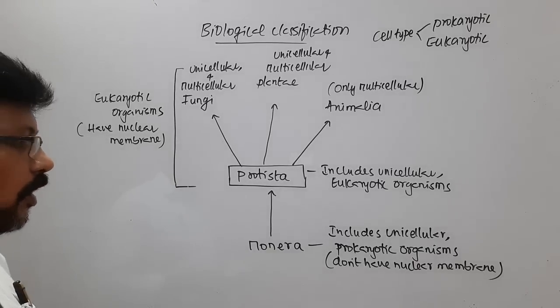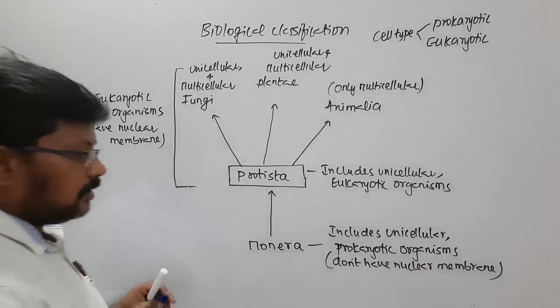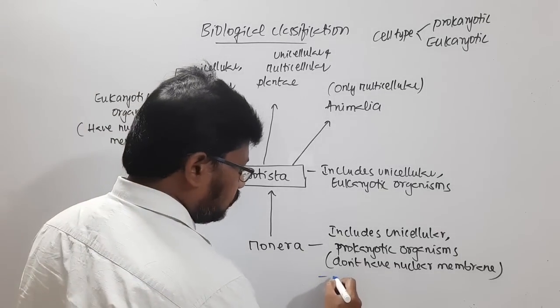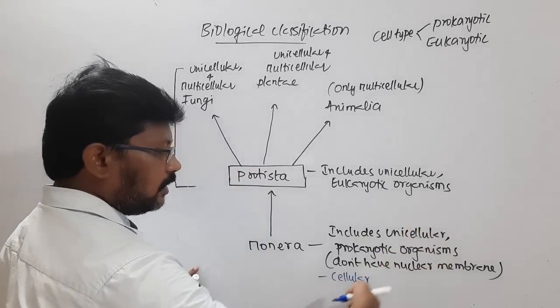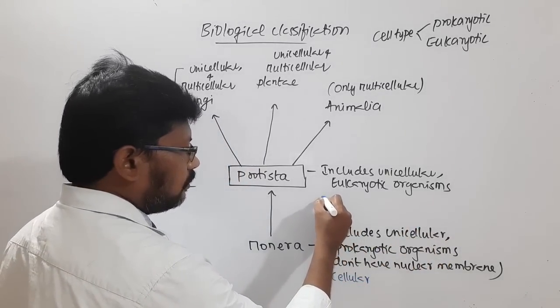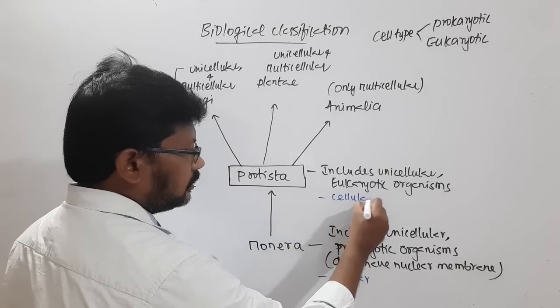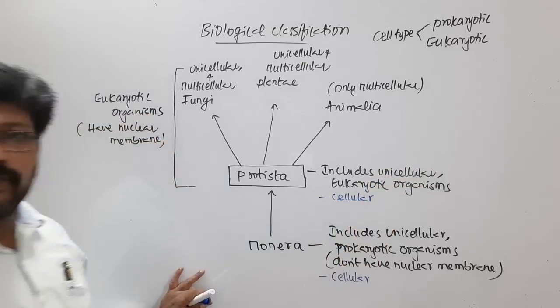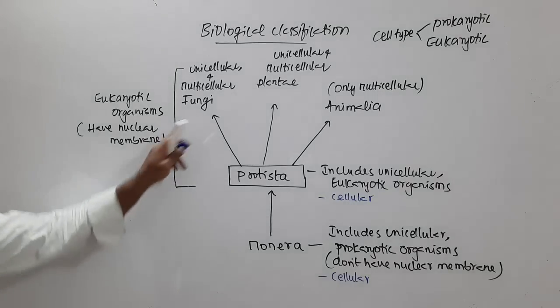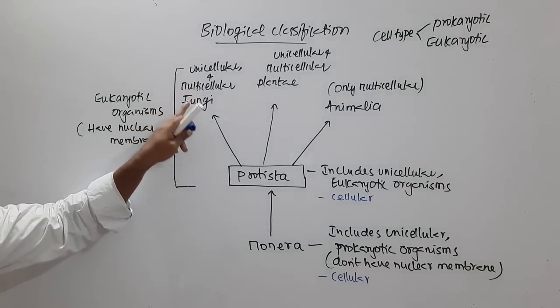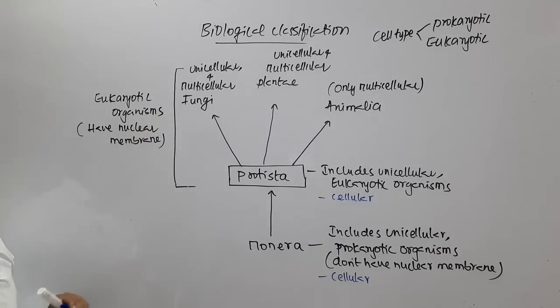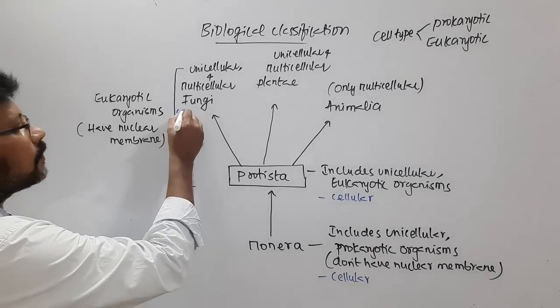Then coming to body organization. The body organization in the case of Monera is cellular, that is, unicellular. Coming to Fungi, you find either unicellular or multicellular, and you will also see loose tissue.